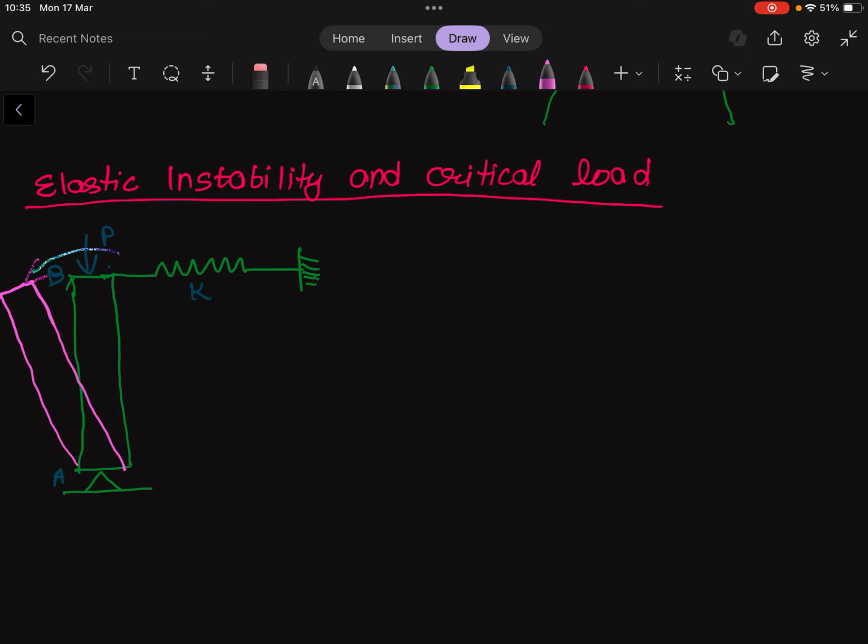So we have turned our column member by some angle theta here, and its new position is B dash, and it's moved by some delta distance. So let me dissect the free body diagram of this scenario. Our case scenario looks something like this right now.